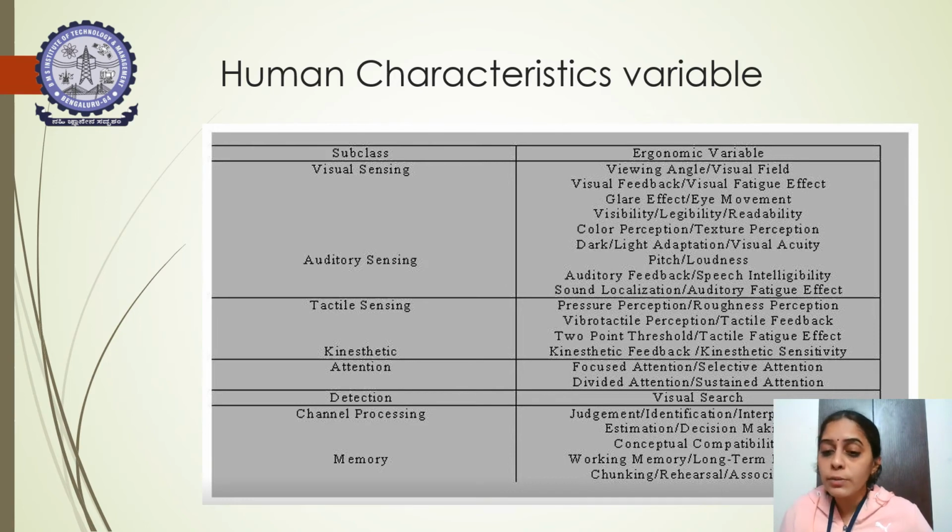Each and every part of human behavior and thinking cannot be embedded into a robot, and hence you should be able to identify the human intervention and the characteristics which are needed, which play a vital role in any product design to a great extent.